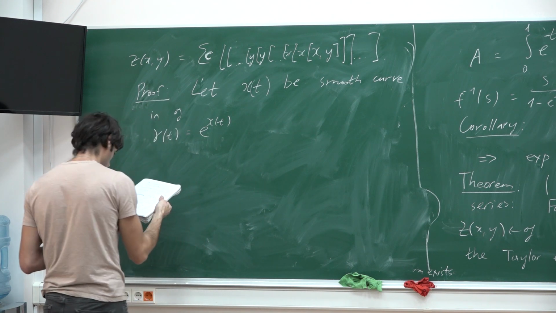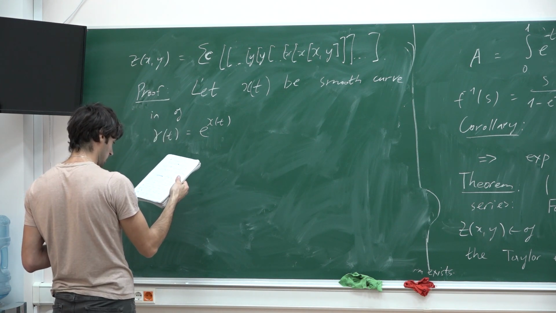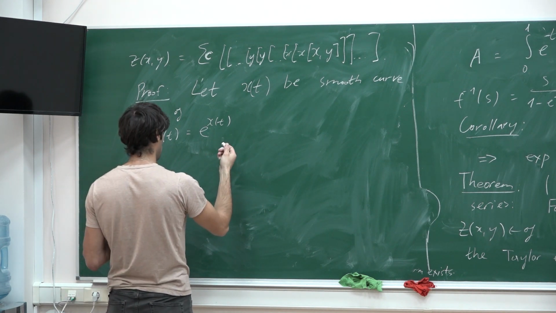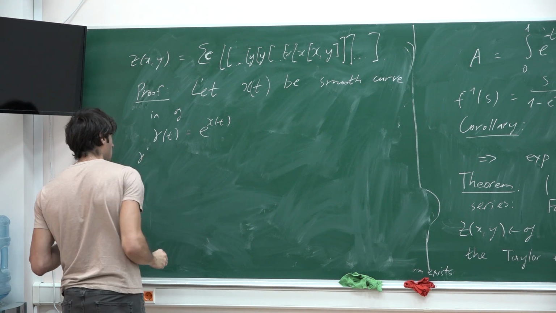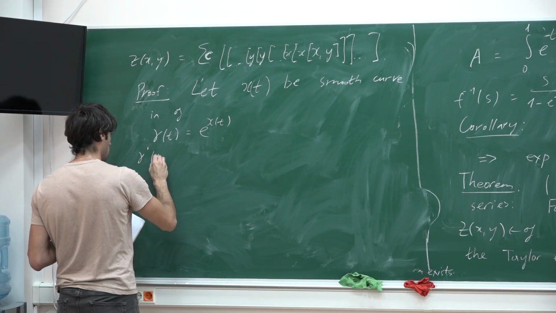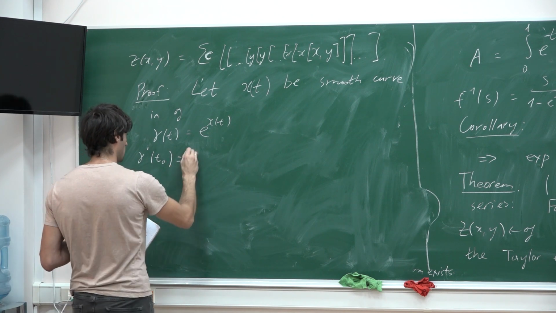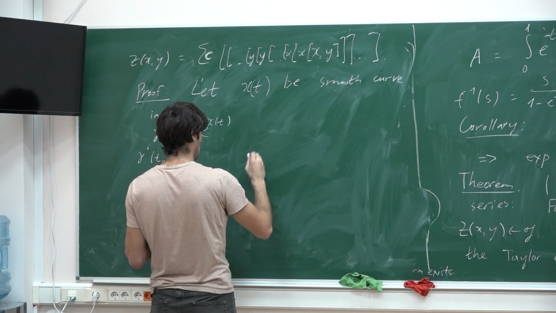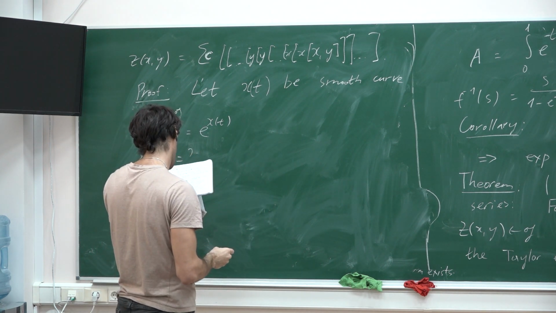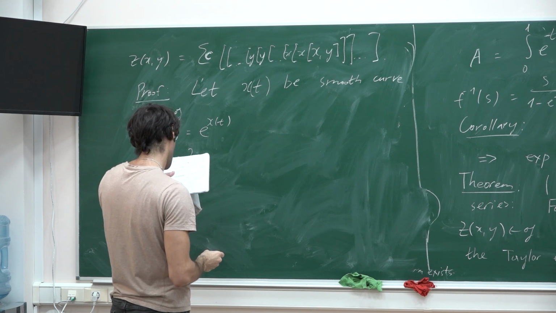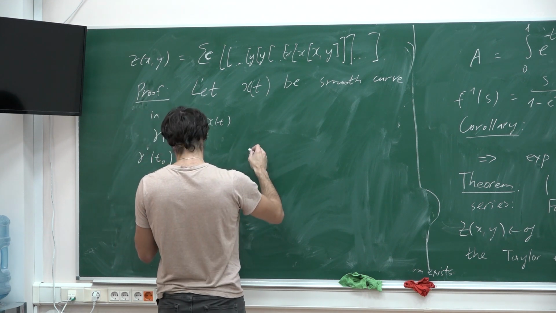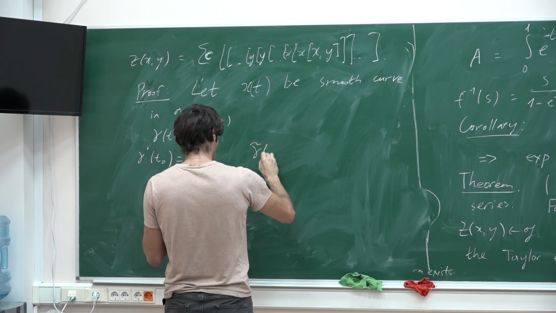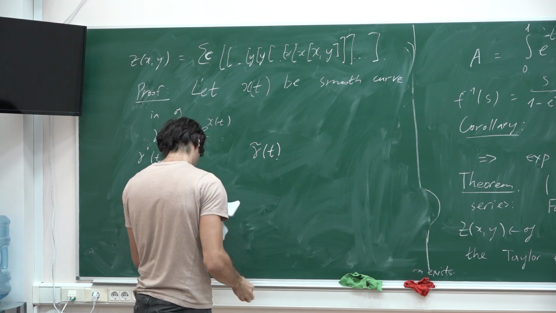So let me now consider gamma prime at some fixed t0. So let me take gamma tilde of t to be the following.